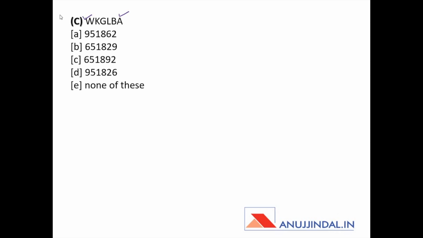Code for W was 6 and code for A was 9. So now W will use the code of A, that is 9, and A will use the code of W, that is 6. The rest, that is KGLB, we will look up in the table. K's code was 5, G's code was 1, L was 8 and B was 2. So the answer becomes 951826. So option D is correct.